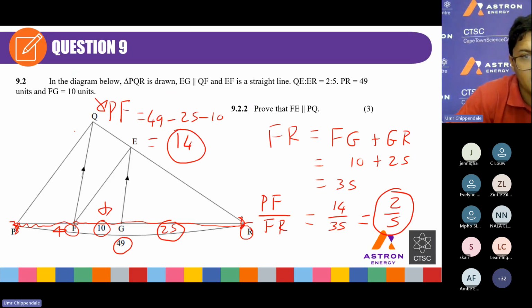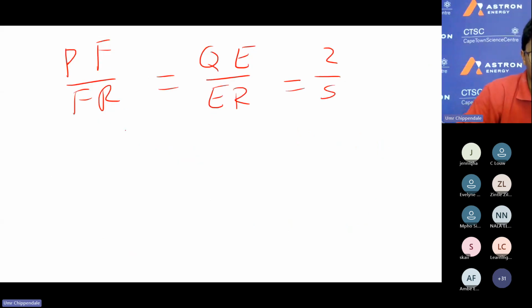So that's going to be this section over here, QE. Remember, this QE is what we get here, 2. And then this ER, sorry, not FR, ER. QE over ER.